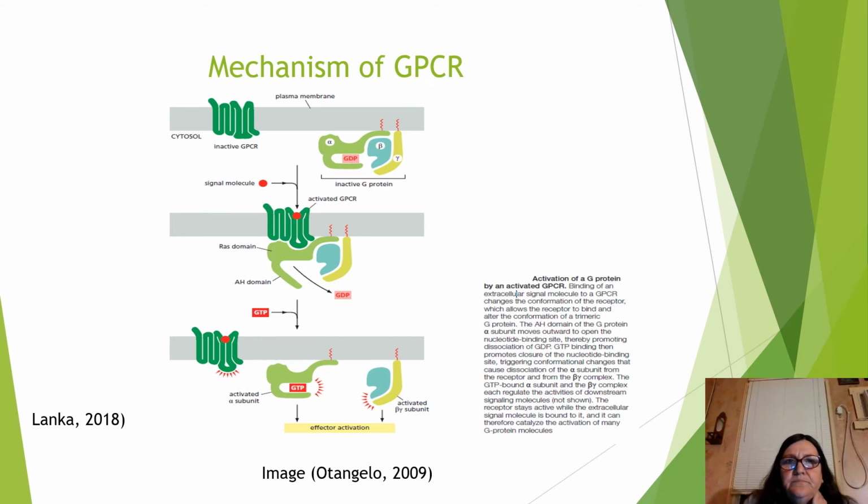So the signal molecule binds to the GPCR, activating it and causing a conformational change, which then will activate the guanine nucleotide exchange factor, the GEF. Now, this change allows the G protein to bind to the GEF domain.